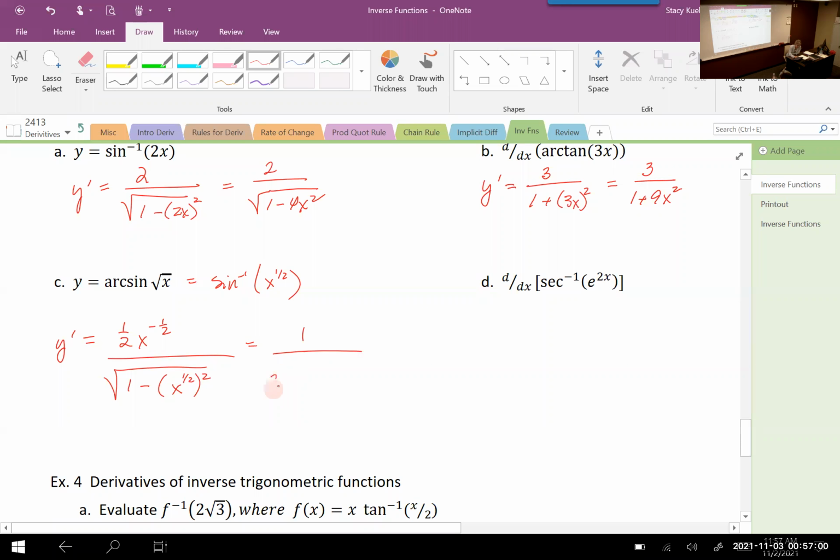I would have 2x to the positive 1/2 times the square root of 1 minus x when I clean up underneath that radical sign.